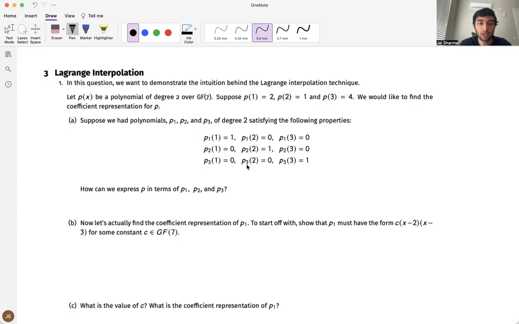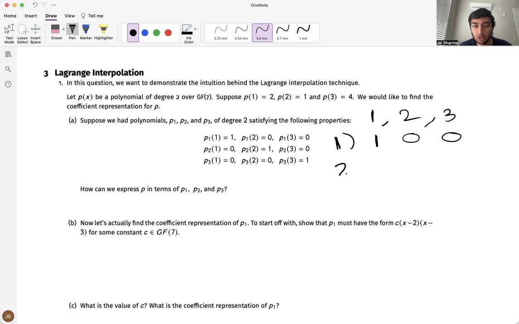The easiest way to think about this is, if the points that we have are 1, 2, and 3, meaning those are the inputs, then for polynomial number 1, if you give me a 1, I'll give you a 1. Anything else, you give me a 0, right?